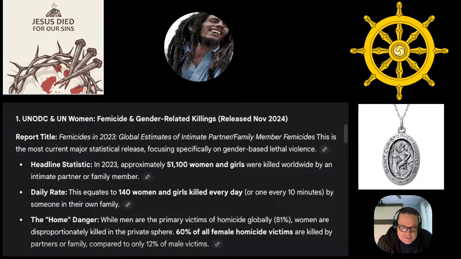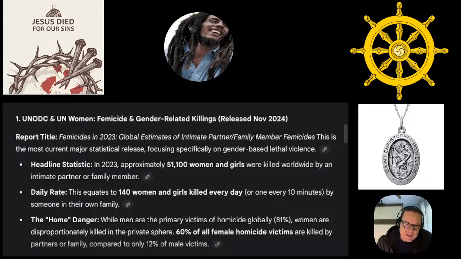This is the most current major statistical release focusing specifically on gender-based lethal violence. Okay, so that means this is violence against women. Headline statistics: in 2023, approximately 51,100 women and girls were killed worldwide by an intimate partner or family member.